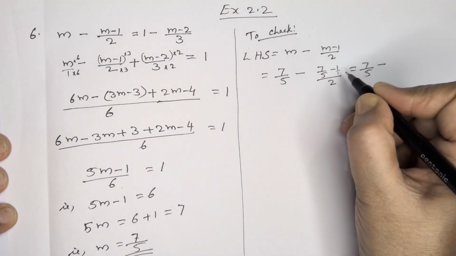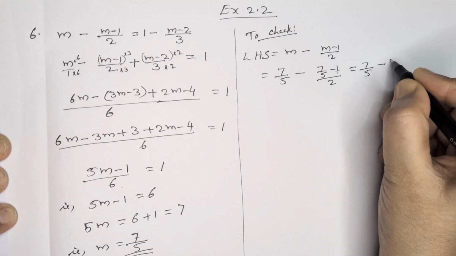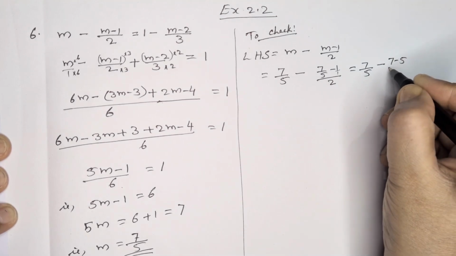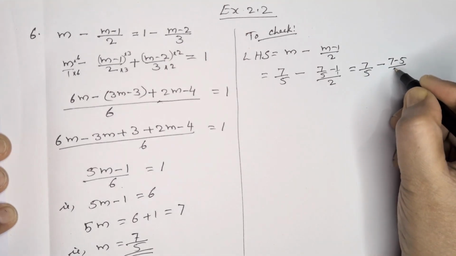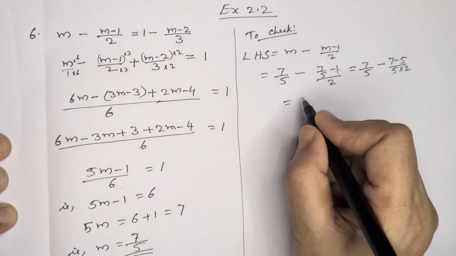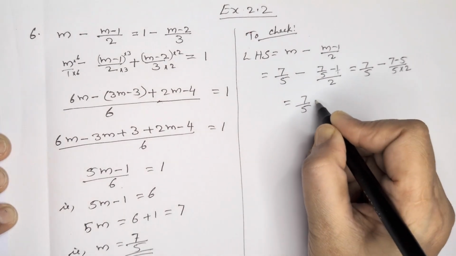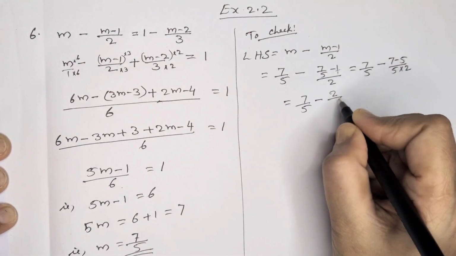So this we have to consider as 1 by 1 and multiply that. So 7 minus 5, and 5 was the LCM, that also it will come with the same. So 5 into 2. Which is equal to (7 minus 5)/5, that is 2 by 5, then divided by 2, so 2 by 10.